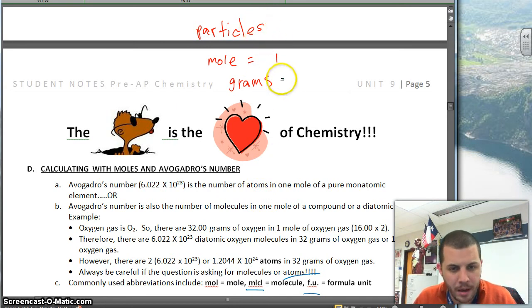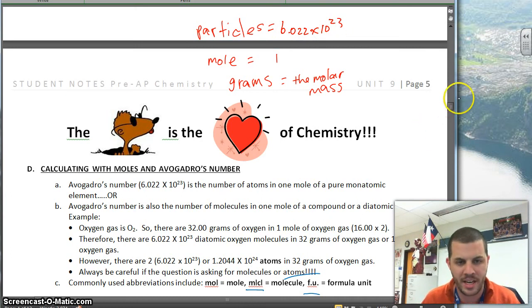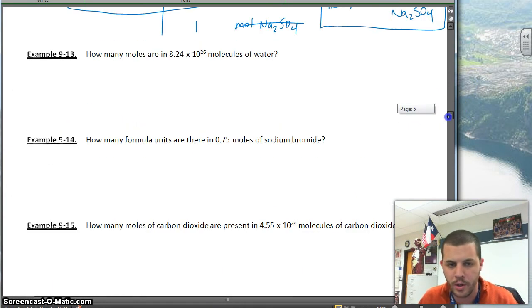If you have the word grams, you're going to use the molar mass of whatever compound you're dealing with. And if you have particles, you're going to use Avogadro's number, 6.022 times 10 to the 23rd power. That's what's going to go in your T-chart when you are doing these problems.